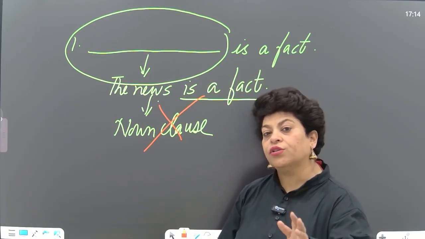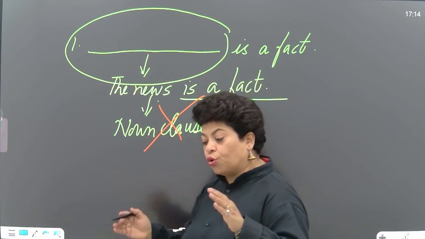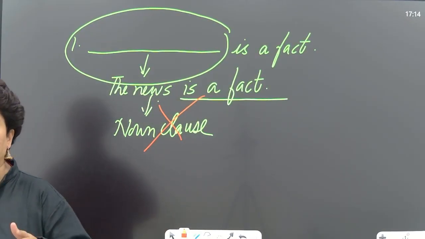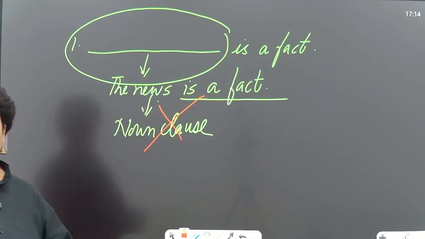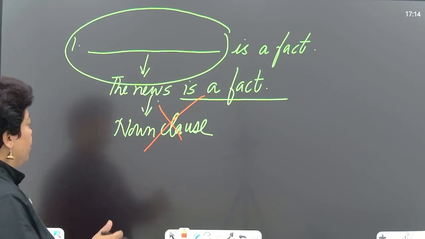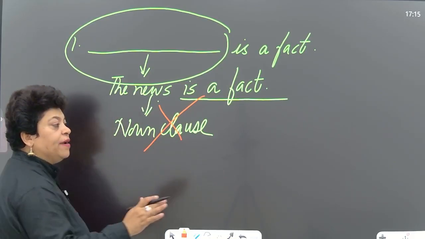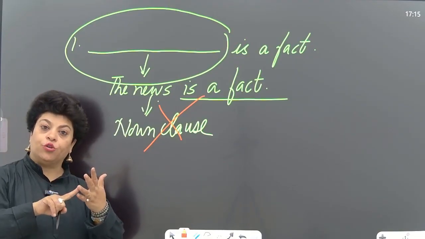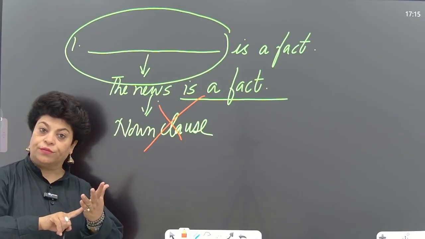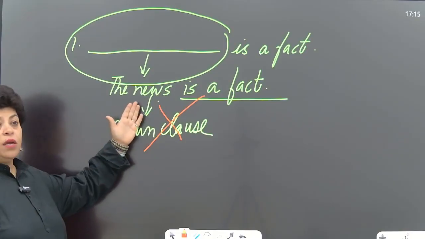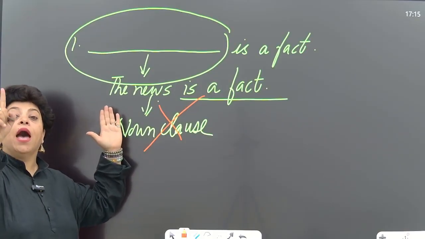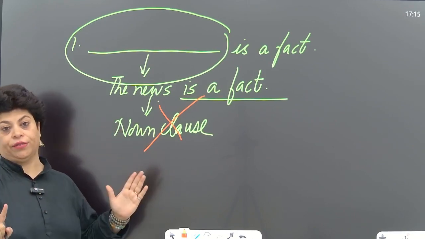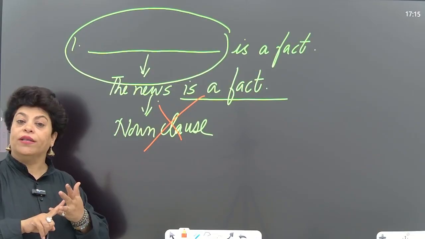What was the condition for us to call a sentence a clause or an independent clause? We said any sentence which has its own subject and predicate is said to be an independent clause. The news is only one single noun. It is not a complete sentence. It cannot be called a clause.